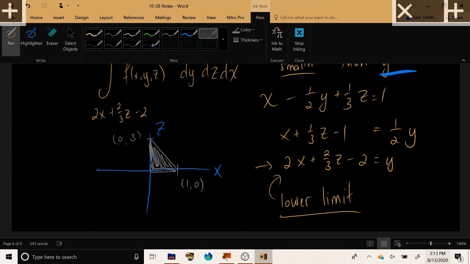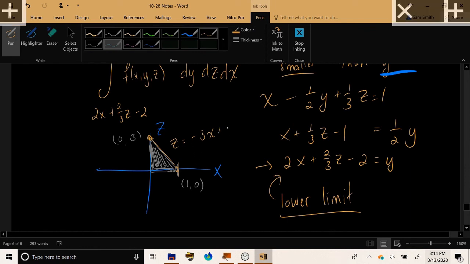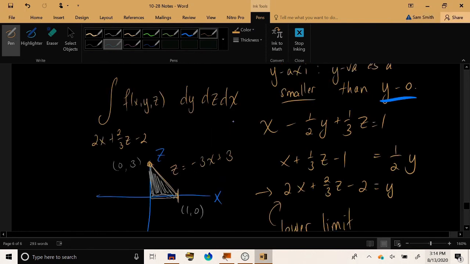So let's see what line on this two-dimensional shadow has the largest z values. On the top of this region, we have the line going from 0, 3 down to 1, 0. So this line has a slope of -3, since it's going down by 3. And it has a z-intercept of 3.